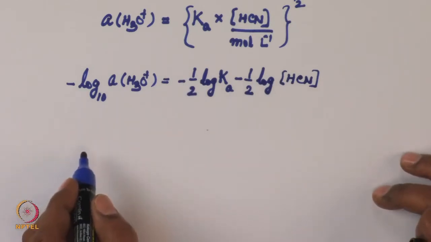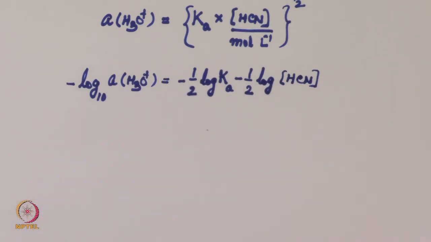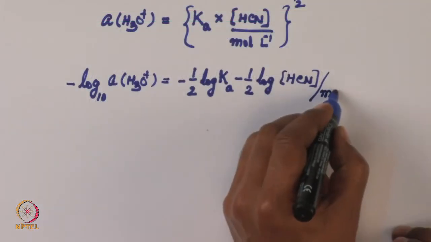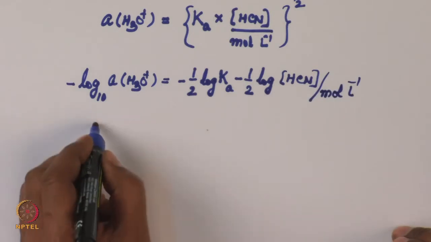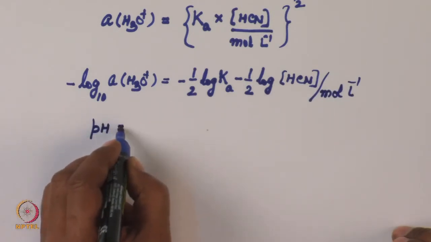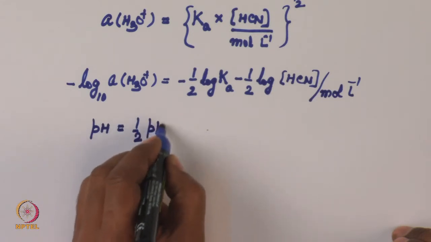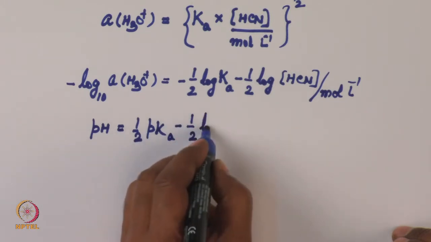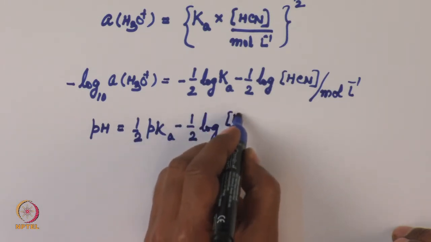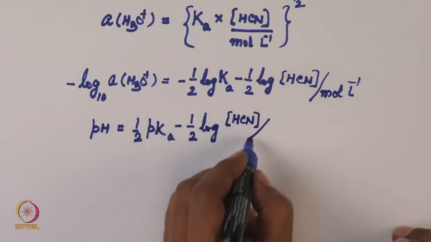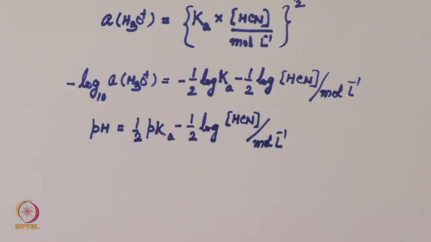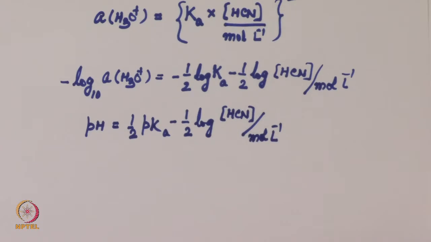So, I can write this as pH is equal to half pKa minus 1 by 2 log concentration of HCN, divided by mole per liter to make it a dimensionless quantity.